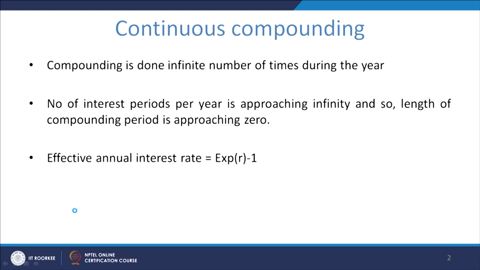Now, in these cases the value of the effective interest rate per annum is to be computed. That can be computed by using that formula again. What we have seen is that effective annual interest rate IA is 1 plus r by m raised to the power Lm, minus 1, and L is 1 year.